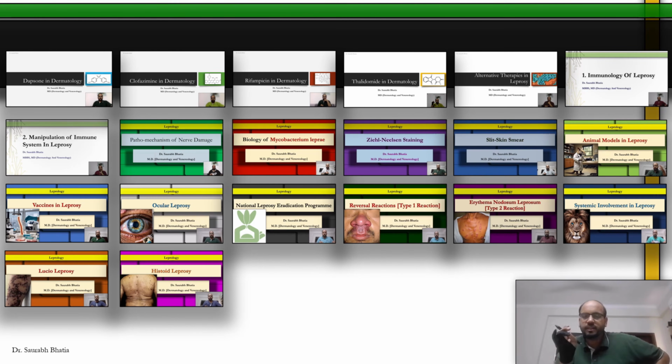We have discussed drugs in leprosy, alternative therapies, immunology of leprosy, the manipulation of the immune system, the pathomechanism of nerve damage, biology of M. leprae, xenolation staining, slit skin smear, animal models, vaccines, NLEP, lepra reactions, systemic involvement, eye involvement, Histoid leprosy, Lucio leprosy. All of these have been discussed in extensive detail. You're free to go and check all of them individually. Any doubts should be mentioned in the comment section.